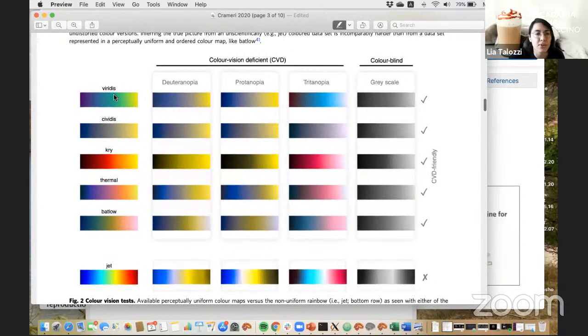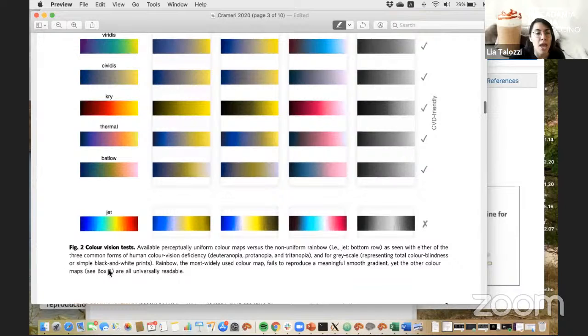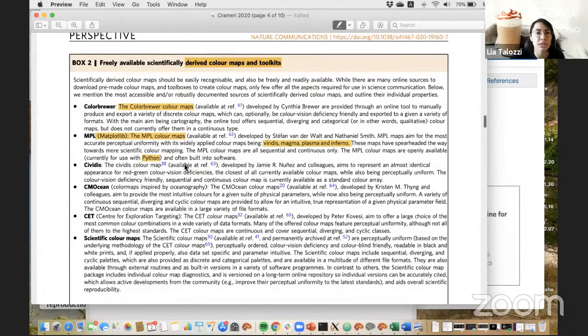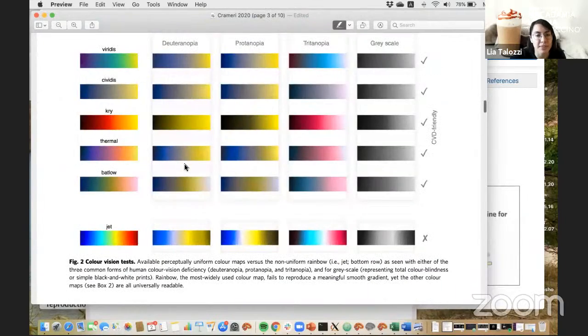This is possible if the color maps are uniform, but not if you have this rainbow representation that we have seen, with a specific characteristic in the lightness. And they say that there is freely available software that you can use to achieve this requirement for the color maps.